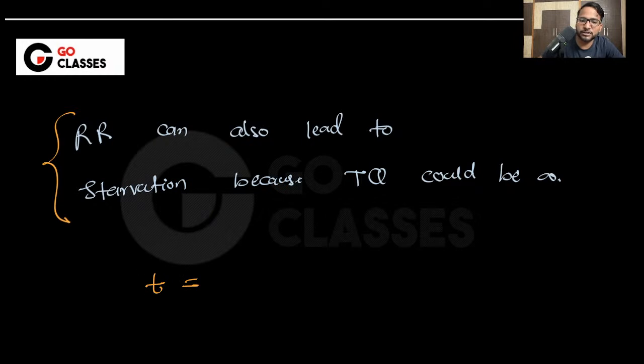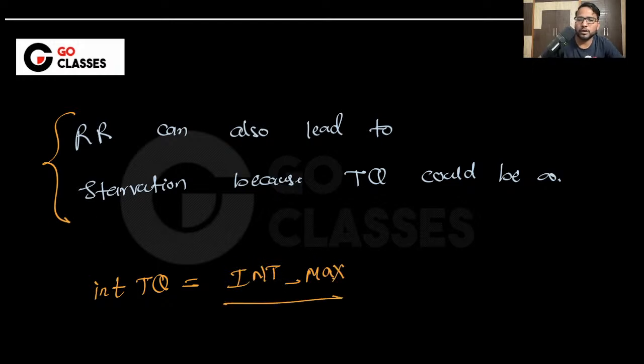Let's suppose it is an int variable, maybe tq. Then you can have INT_MAX, which means you need to include that library to define this macro. Anyway, it means you can specify only a maximum range, some integer or floating point number, whatever it is.